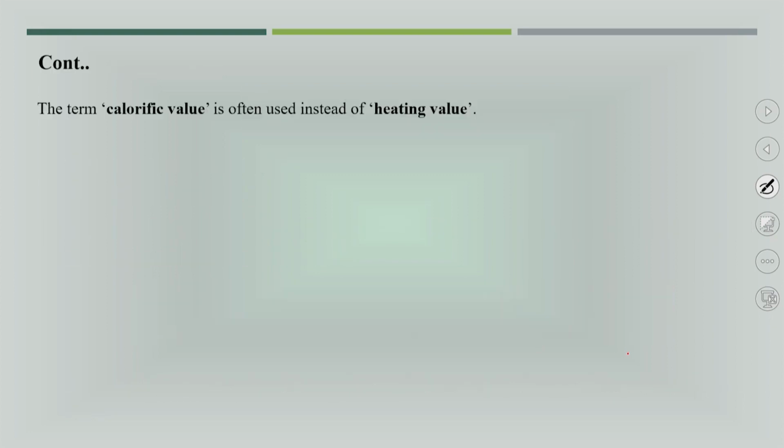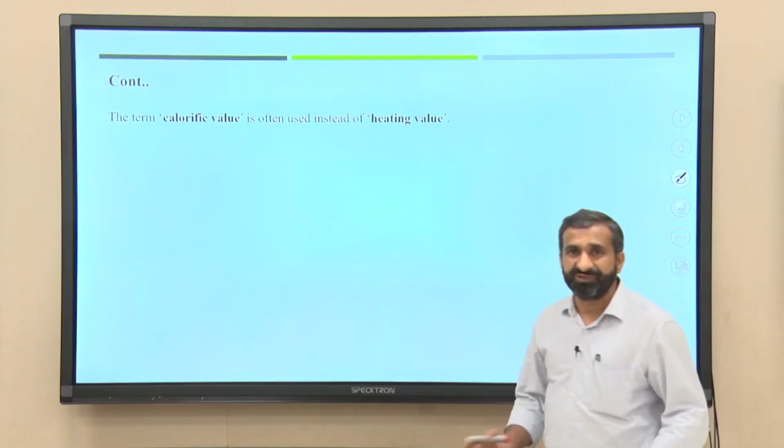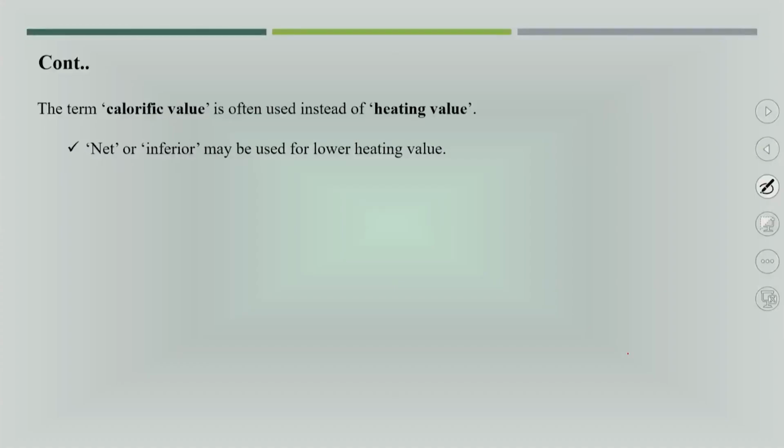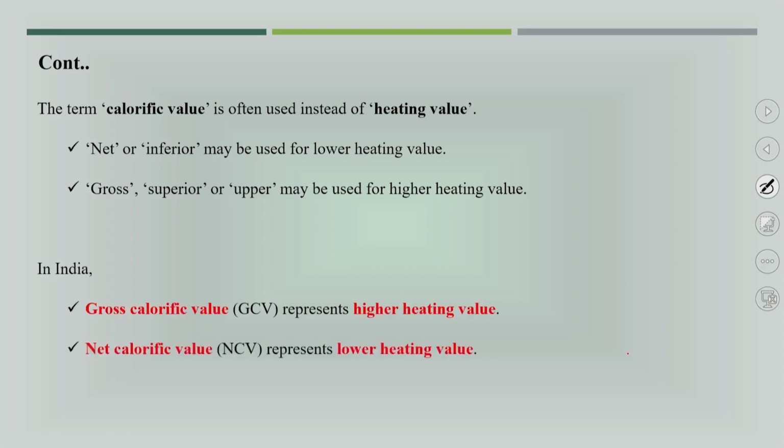The term calorific value is often used instead of heating value, especially in India, where we never talk about the heating value. Net or inferior may be used for low heating value. So, in India we call them gross calorific value and net calorific value.